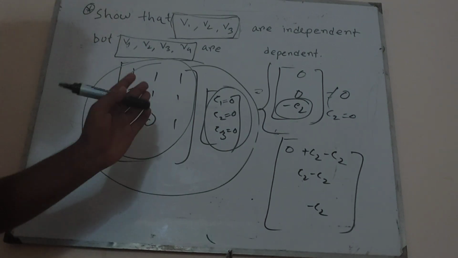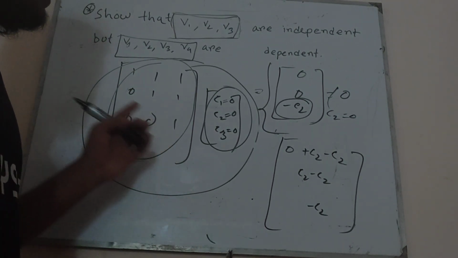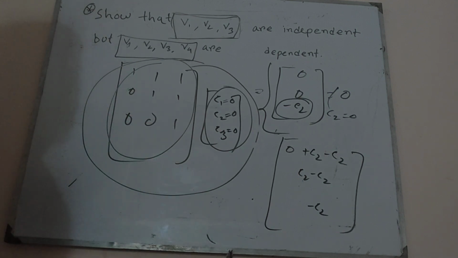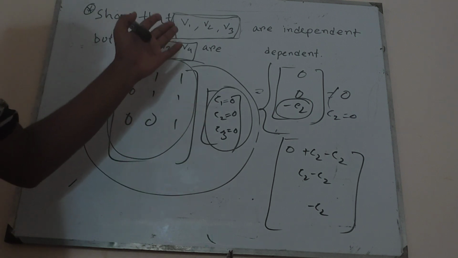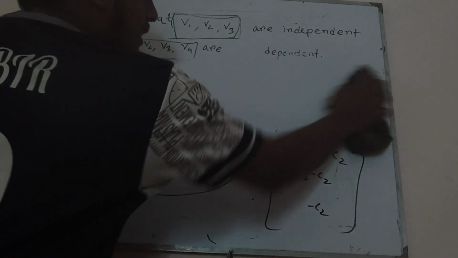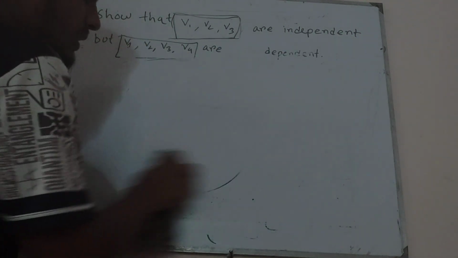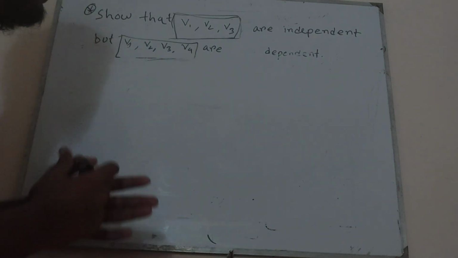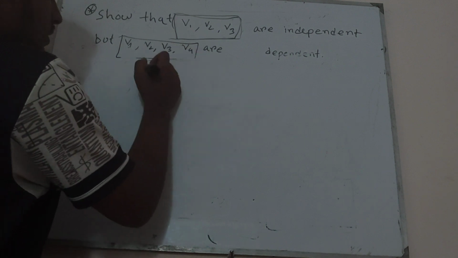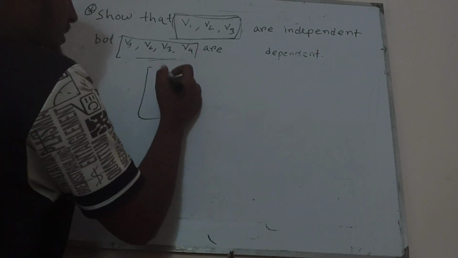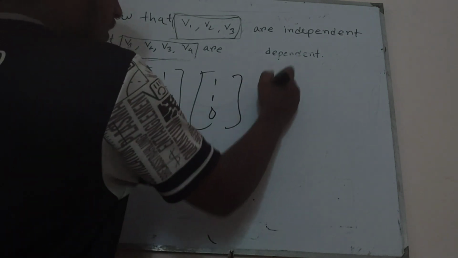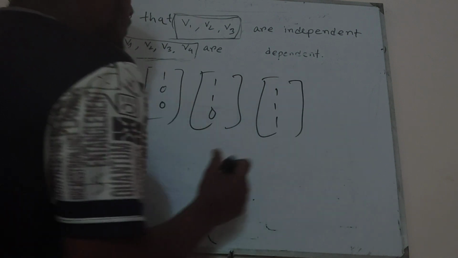So by this way we can prove that these three vectors are linearly independent. This is the proof of the first part, and the second part is a very simple thing. What is the column matrix? The vectors are (1,0,0), (1,1,0) and (1,1,1).